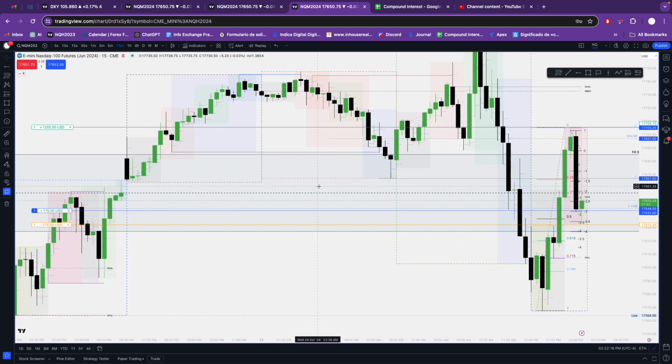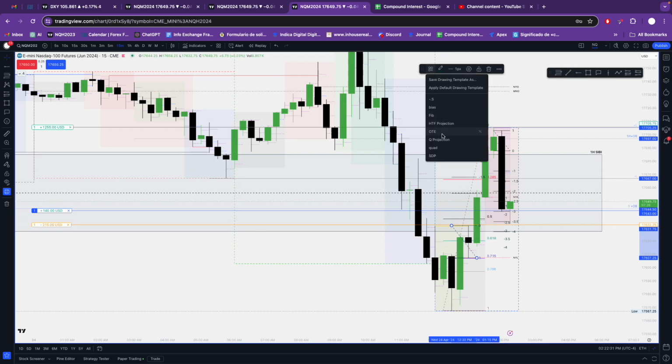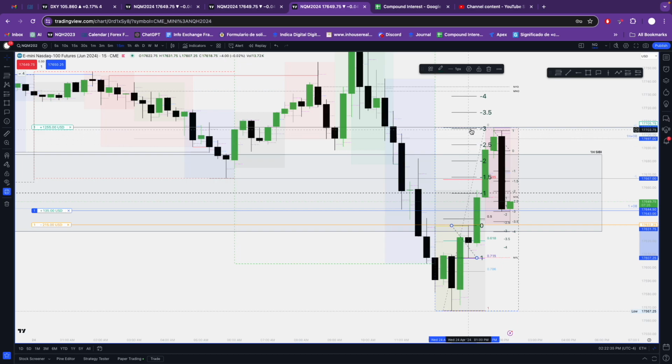And then again, we see here optimal trade entries right here. We measure this OB here, and we get a 2.5 projection. 2253 is here. Boom. See that?